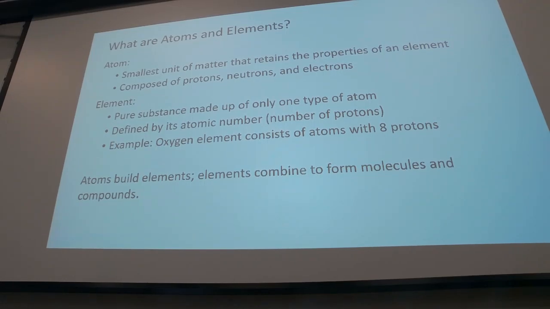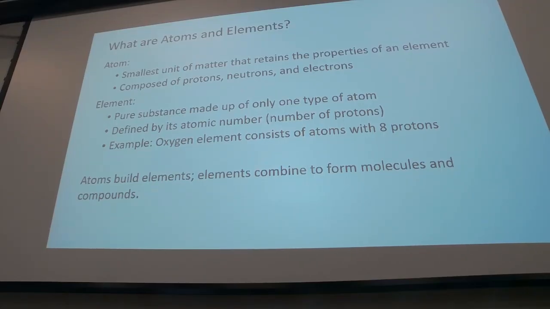And then around the nucleus of the atom we have orbits, which are surrounded by electrons. Electrons are the smallest parts of an atom, and they have a negative charge.